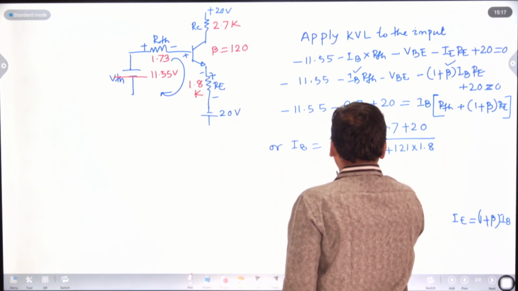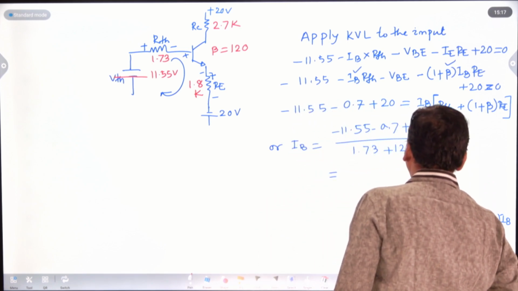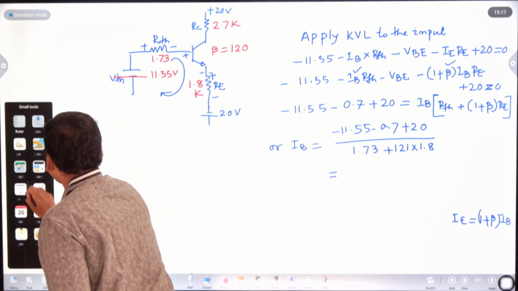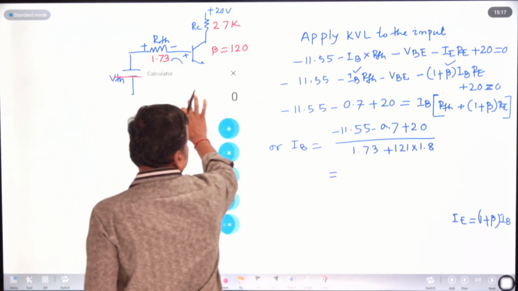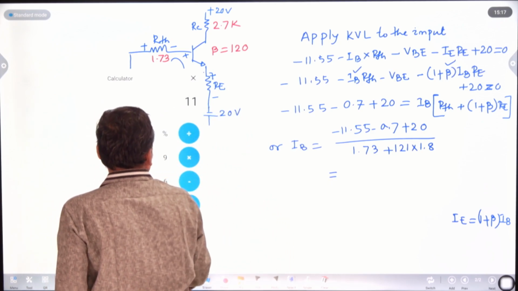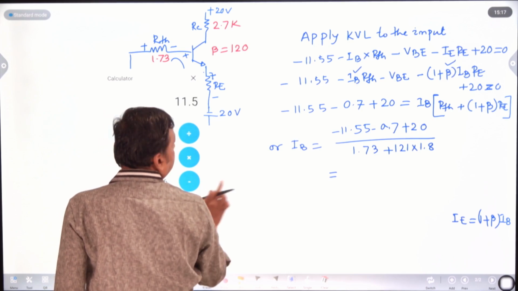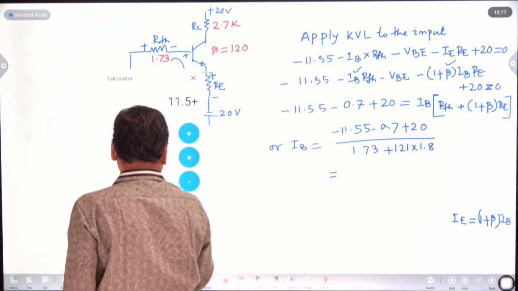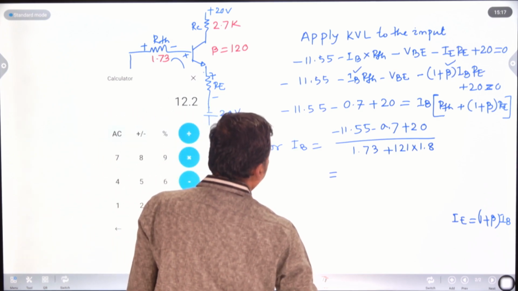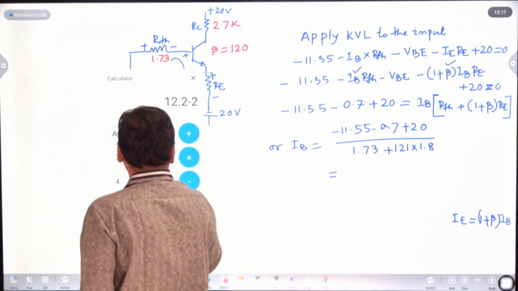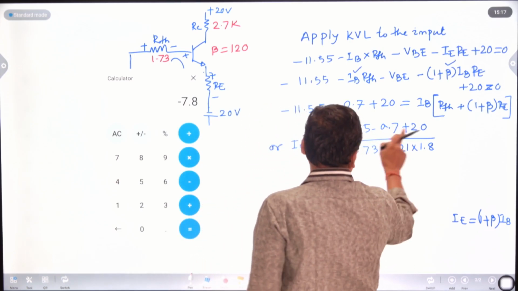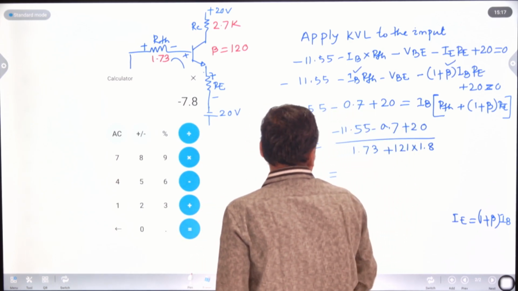Here the RE value is given as 1.8. So in this calculation, using a calculator, 11.55 plus 0.7 comes around 12.2, minus 12.2 plus 20, the value is 7.8, because 20 minus 12.2 comes around 7.8.